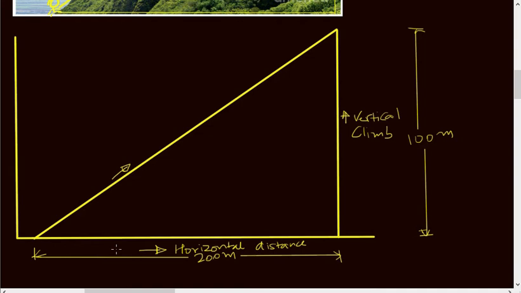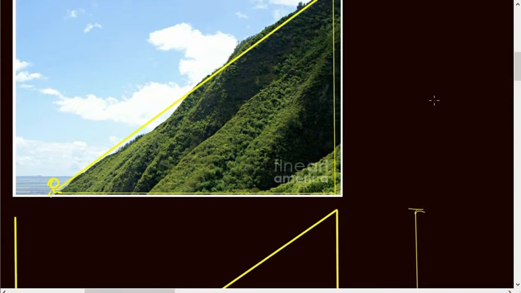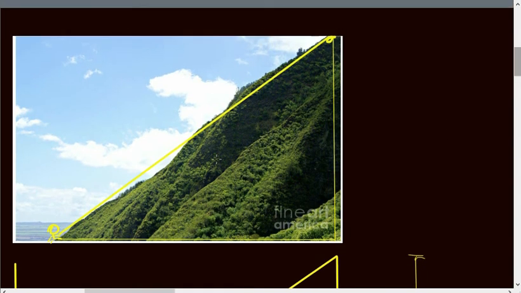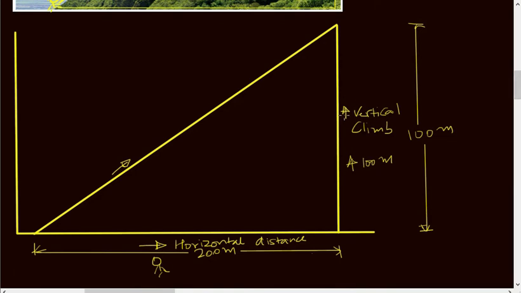So the person could also have walked 200 meters in this direction and then climbed 100 meters in this direction. But we don't do that because walking along a slope is far easier than climbing up here.